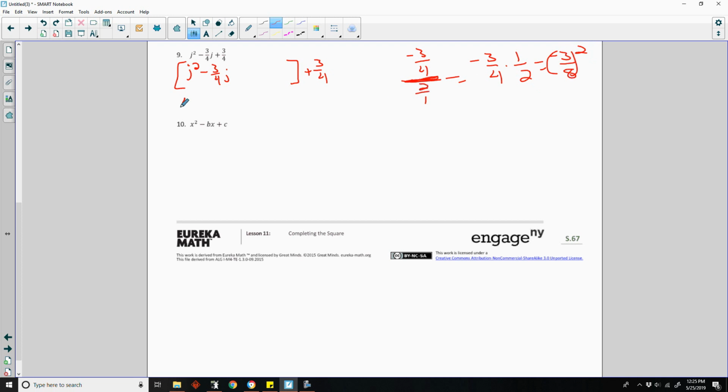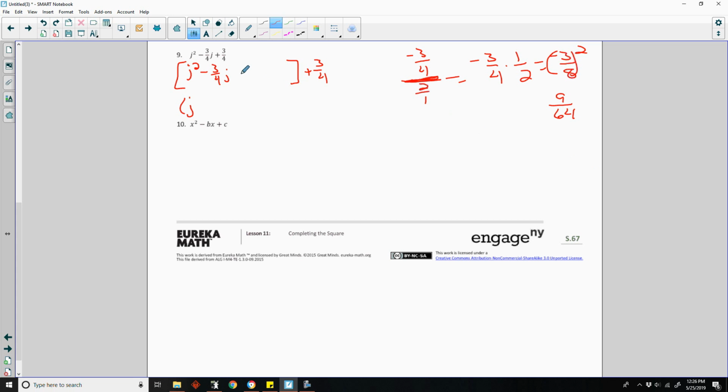So I now have j, not squared, j, I'm looking for the perfect square of this here. Let me finish this before I go over to that. So negative 3/8 squared is negative 3 squared, which is 9, and 8 squared, which is 64, 9/64.